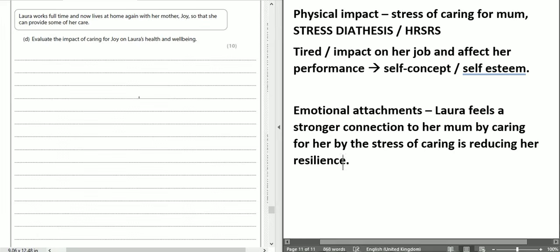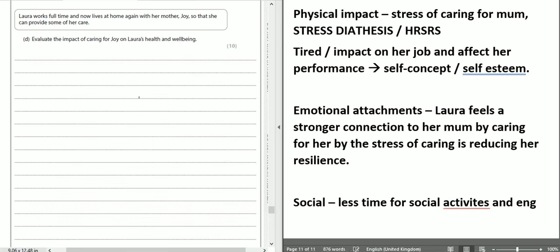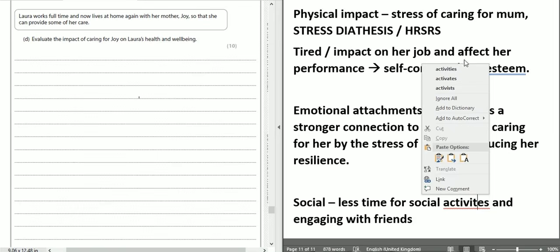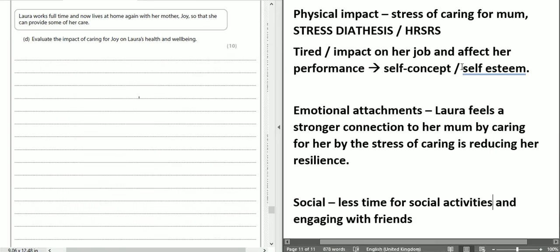Obviously, again, health and well-being, we could talk about social, obviously less time for social activities and engaging with friends or other relatives. So again, a reduction in social development and abilities to take part in activities.